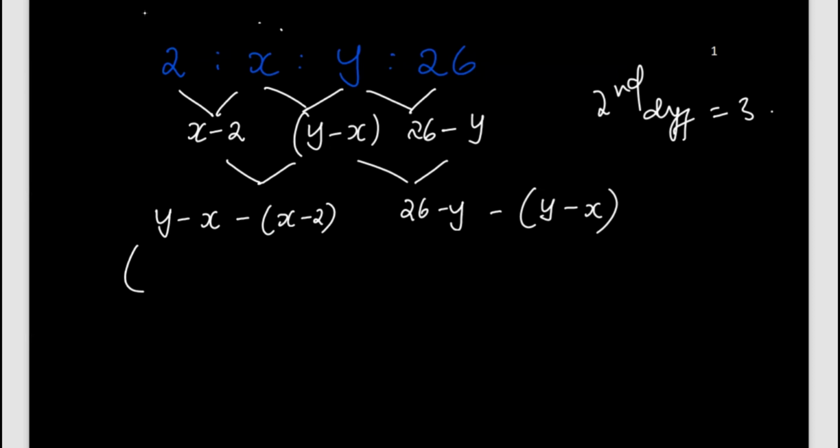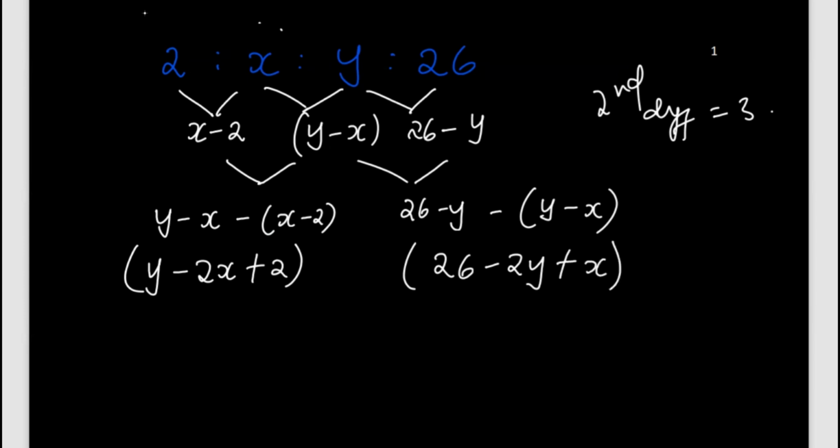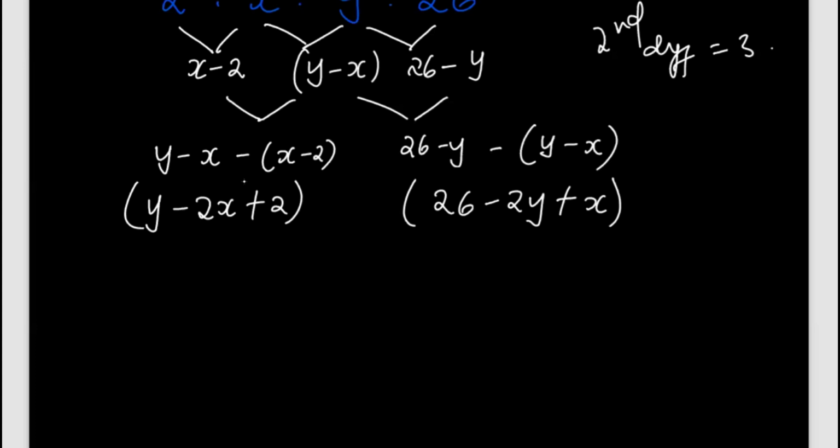Opening this up, I'll have y minus 2x, and that and that is going to be a plus 2. Then I'm going to have 26 minus 2y, plus x. Now, one thing we know is that the second difference is a 3. In other words, the whole of this is equal to 3, the whole of this is equal to 3.